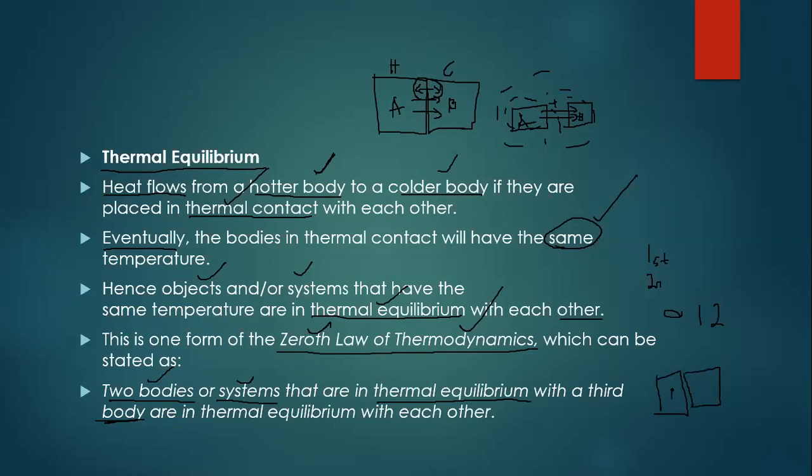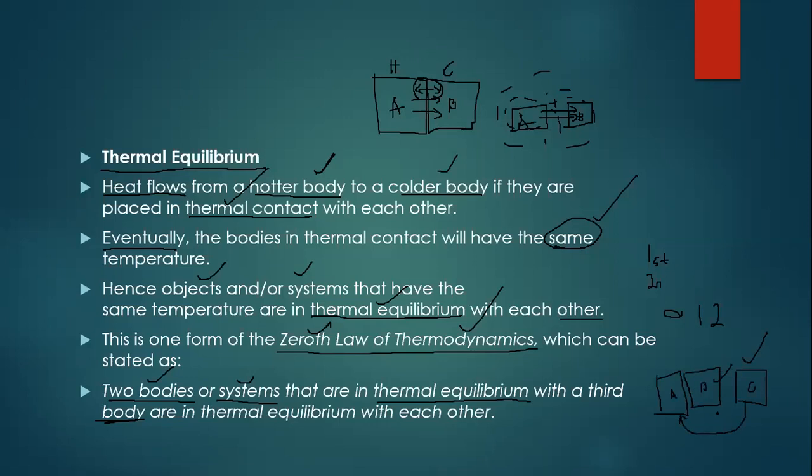If body A and body B are in thermal equilibrium, and also body B and body C are in thermal equilibrium, then body C should also be in thermal equilibrium with body A.